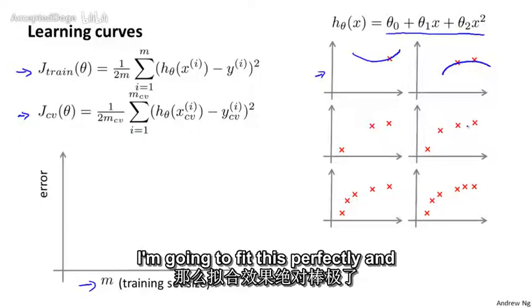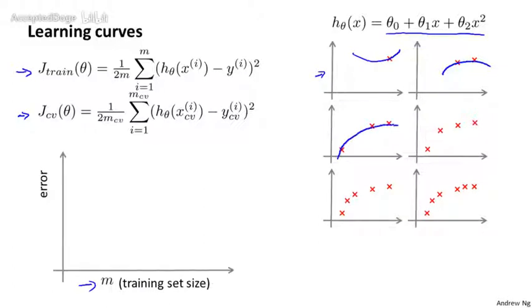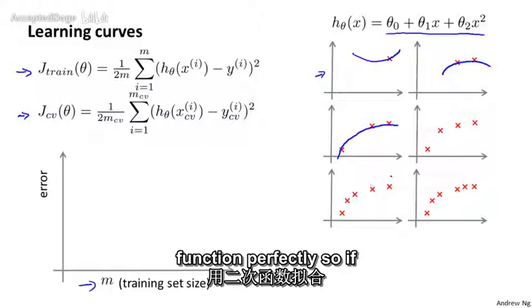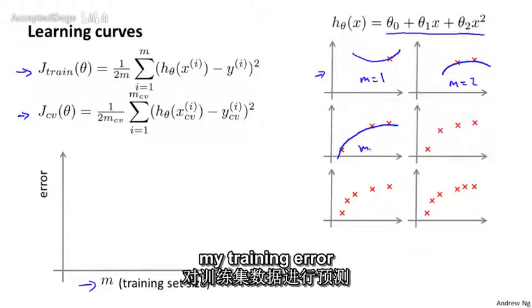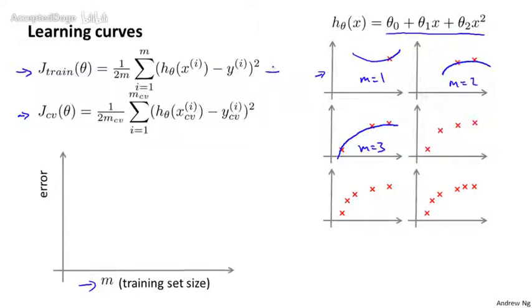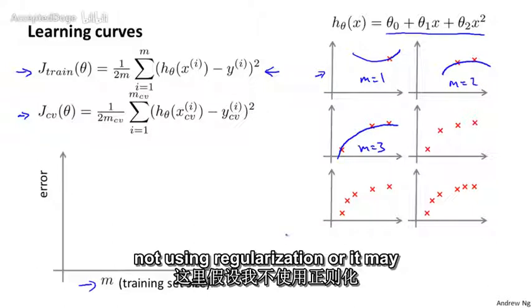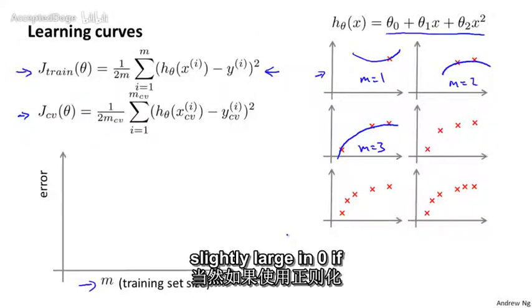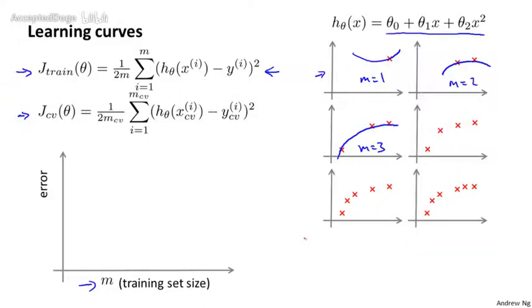And if I'm using no regularization, I'm going to fit this perfectly. And if I have three training examples, again, I can fit a quadratic function perfectly. So if m equals 1, or m equals 2, or m equals 3, my training error on my training set is going to be 0, assuming I'm not using regularization, or it may be slightly larger than 0 if I am using regularization.